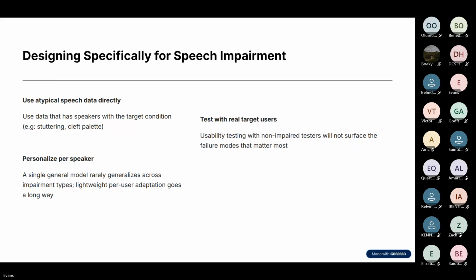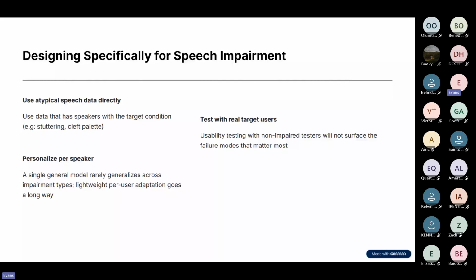So let's say Kojo stammers, you train your model with Kojo's voice so that your model can actually know the nuances in Kojo's voice. Training on different people with speech impairment works, but it's not as effective as personalizing to single speakers.